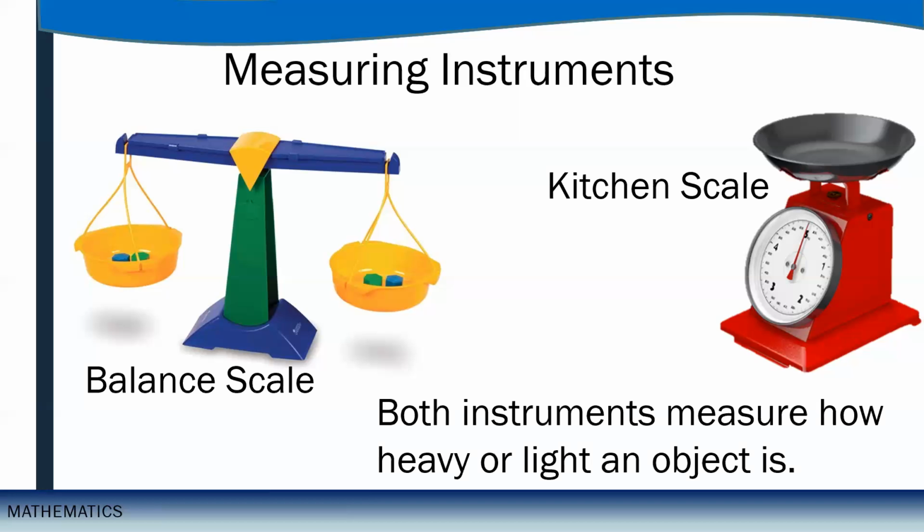Now, both instruments measure how heavy or light an object is. Yes, we have looked at the balance scale and the kitchen scale, but we will, however, be using the kitchen scale for most part of our session today.